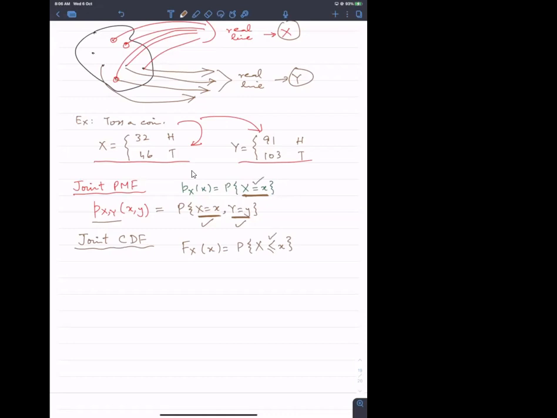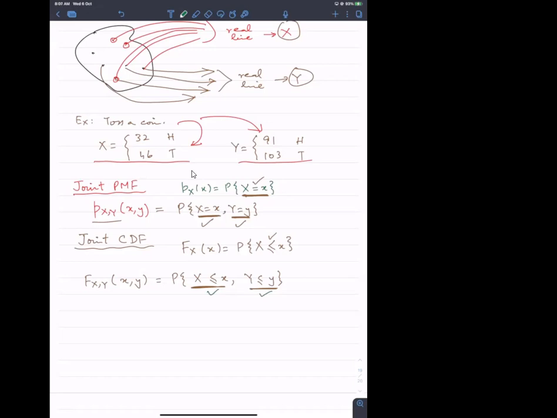Similarly, we can define the joint CDF of two random variables, capital F_{X,Y}(x,y), equal to the probability that X takes a value less than or equal to small x and Y takes a value less than or equal to small y. This is one event, this is another event. And the probability of the intersection of these two events is the joint CDF.